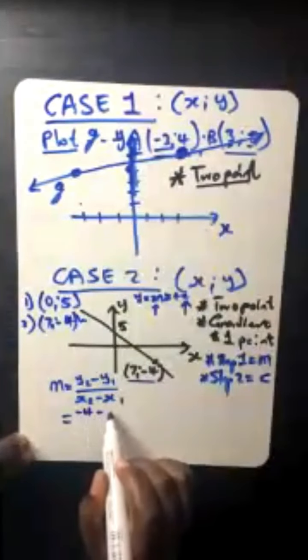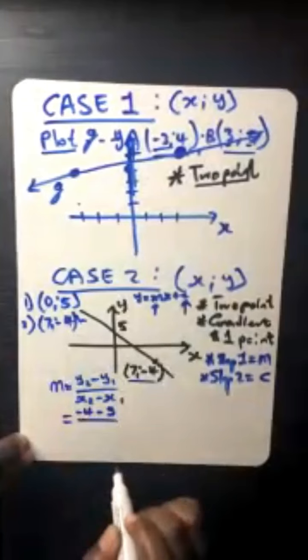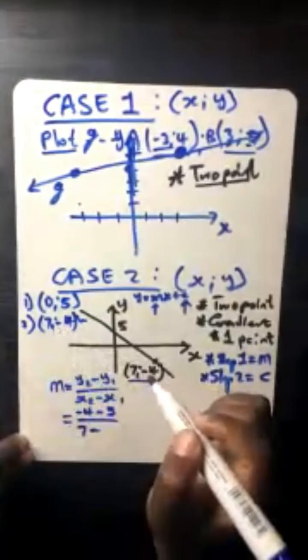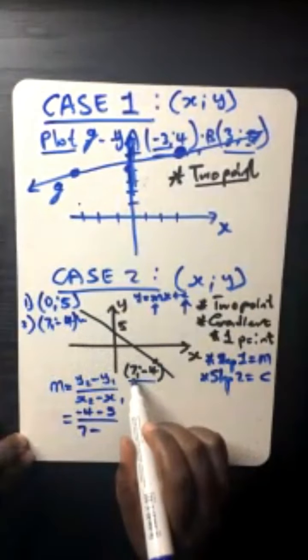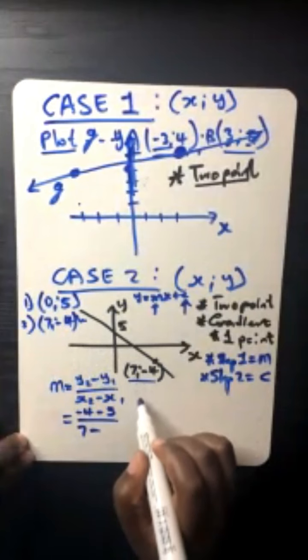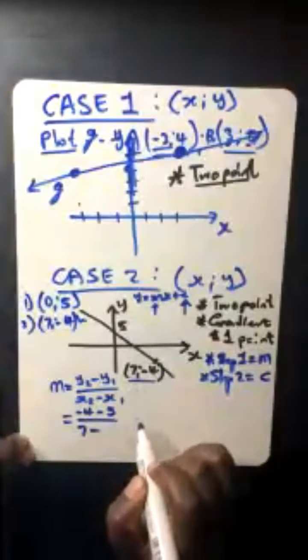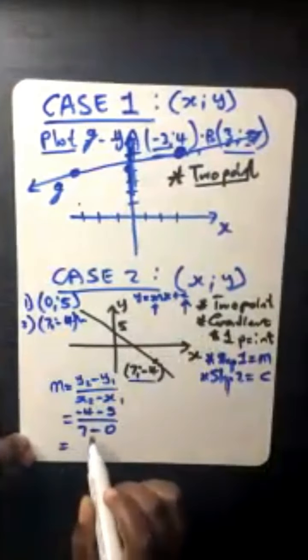So y2 is negative 4 minus y1 which is 5, over x2 which is 7 minus x1 which is 0.